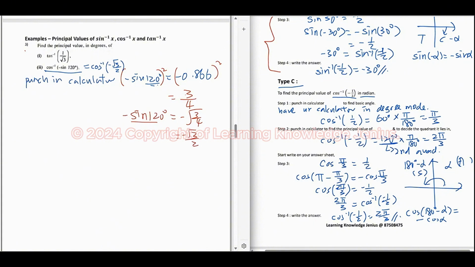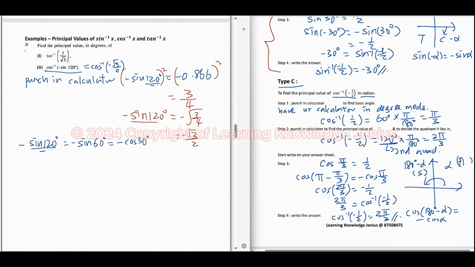Otherwise, for this question, I think Ali is using this method. Another method we can think of for this 120: you can tell that this is in the second quadrant, so you may convert it to the first quadrant, negative sine 60. Then this is equivalent to negative cosine 30 degrees. You can also do this method.